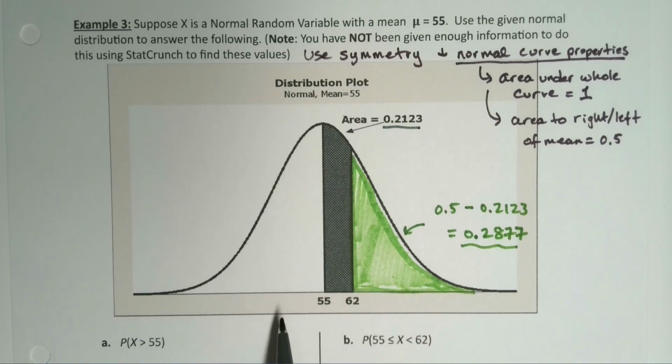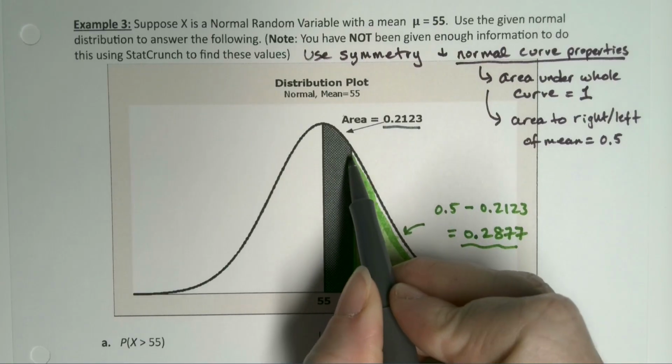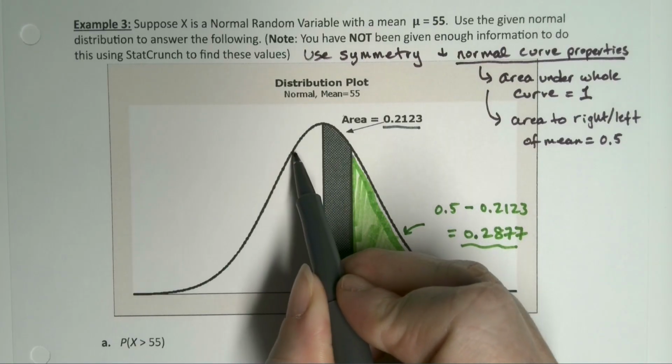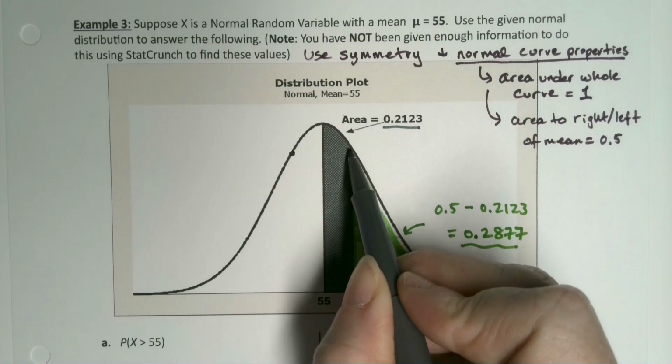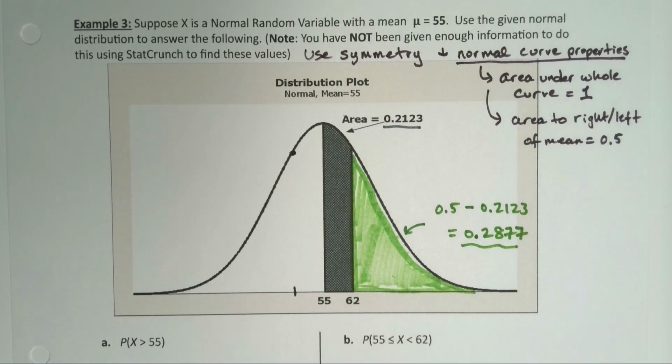Well, I know this white section right now is 0.5, but that's not really what I'm looking for. So what I want to do is I want to make a companion to this side. So this height I'm going to match over here, and this width over here I'm going to match over here, and then I'm going to line them up. Grab my ruler.